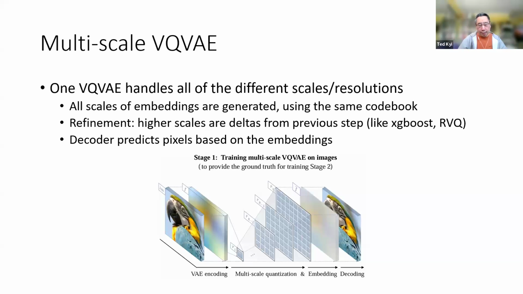And so basically then the VQVAE, when it's learning its code book, has to decide on codes that work well both at the high res and at the low res end. It has to come up with some sort of compromise because these codes are going to be shared everywhere.